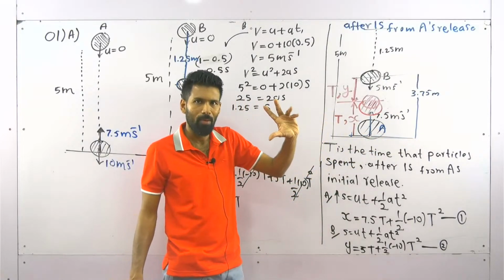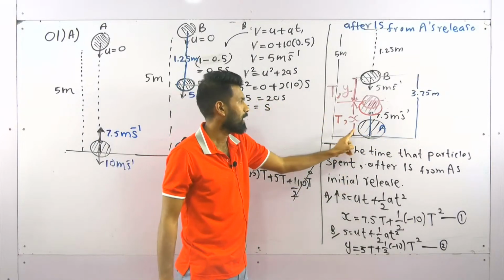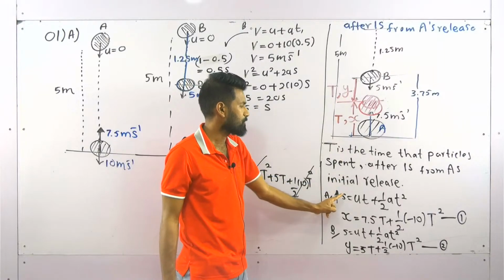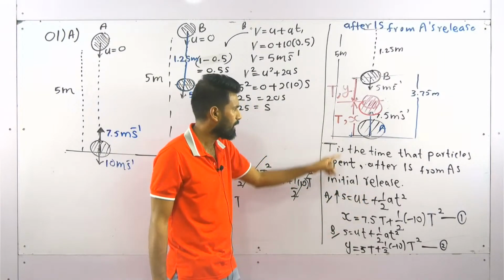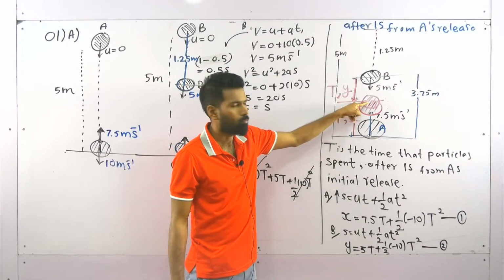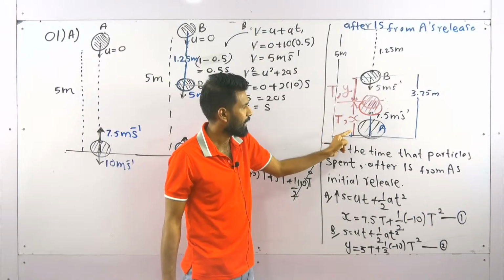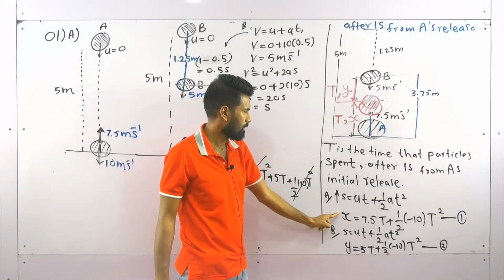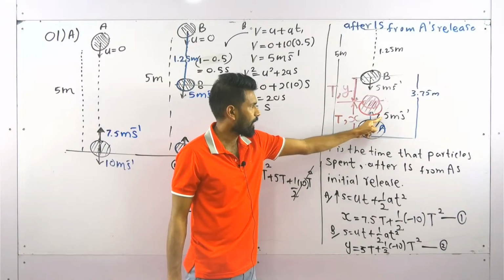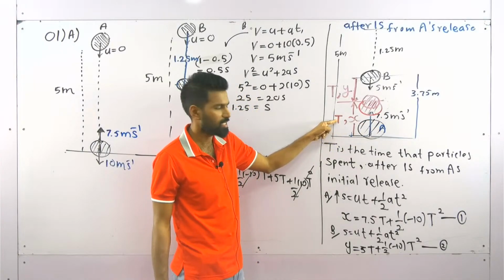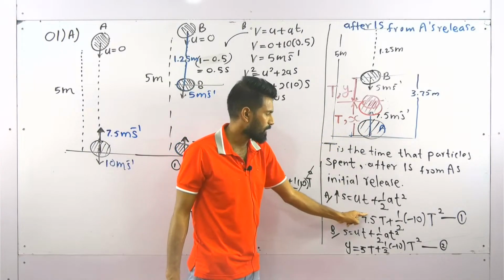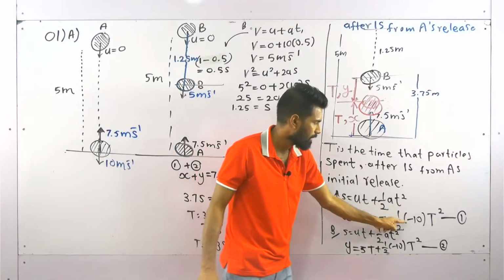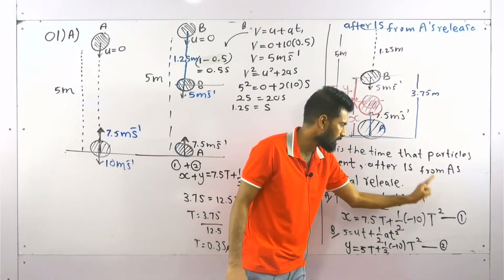Okay, now I'm applying equations again for capital A upward. S equals ut plus half at square upward. Let's say at the moment that they collide, A has moved up a distance x. Initial velocity 7.5, time from there onwards capital T. X is equal to 7.5t plus half minus 10t square.